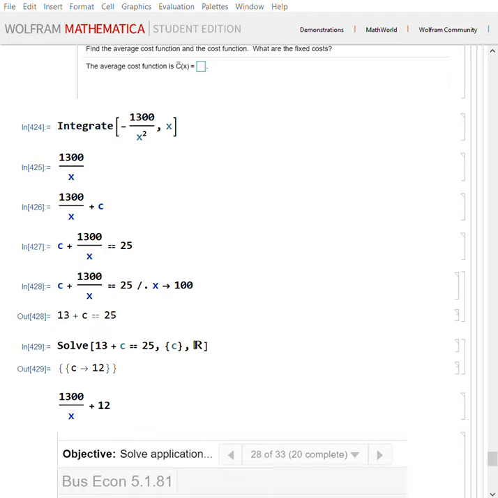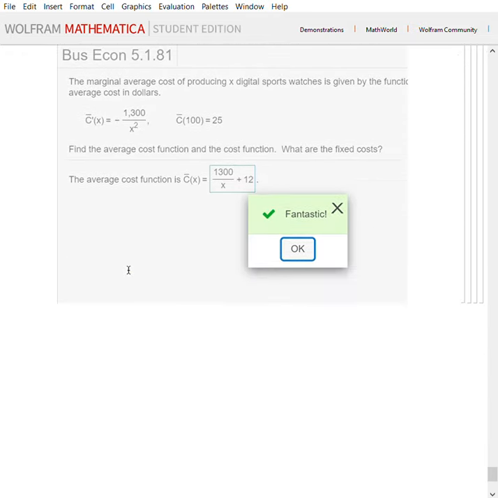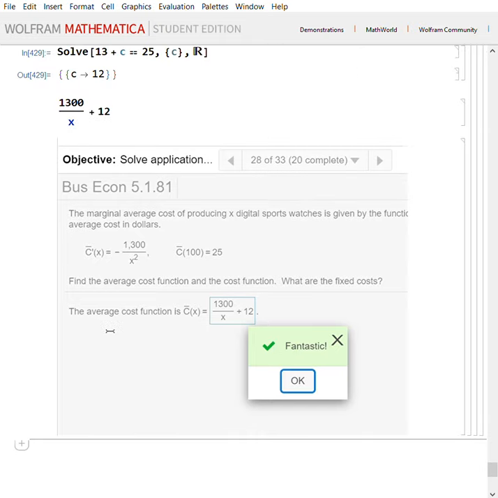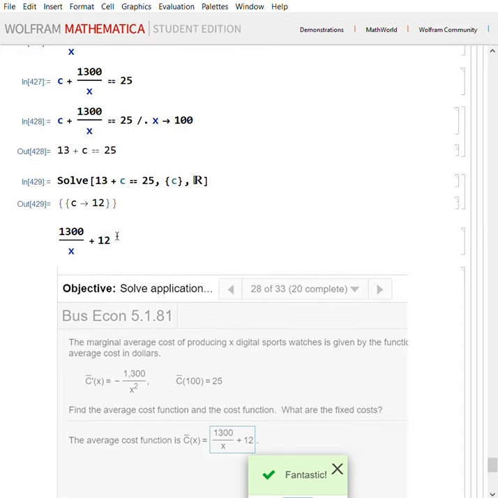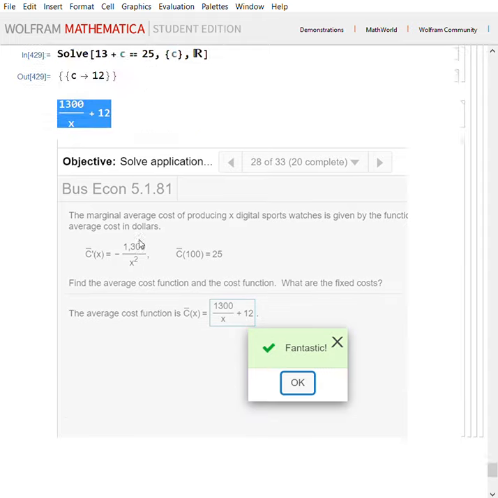The question seems to have two more parts. So they want the cost function. What we just found was the average cost function. The average cost function is the cost function divided by x. So to find the cost function, we're going to take our average cost function, which is this guy.